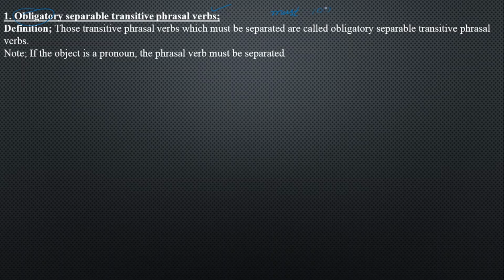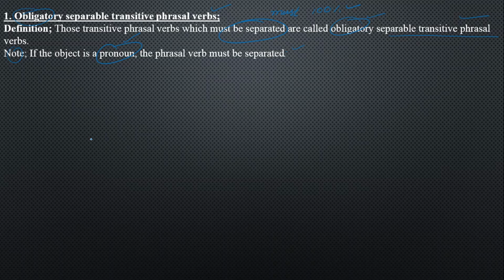Those transitive phrasal verbs which must be separated are called obligatory separable transitive phrasal verbs, which I told you can be changed into passive voice. If the object is a pronoun, keep in your mind, the phrasal verb must be separated. If you don't separate, the meaning will be wrong.